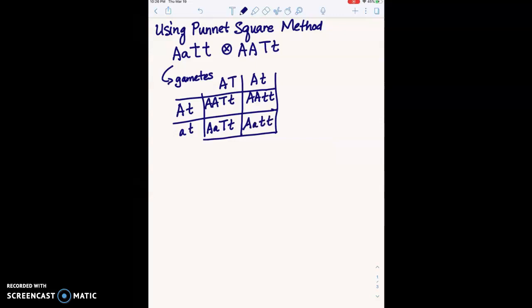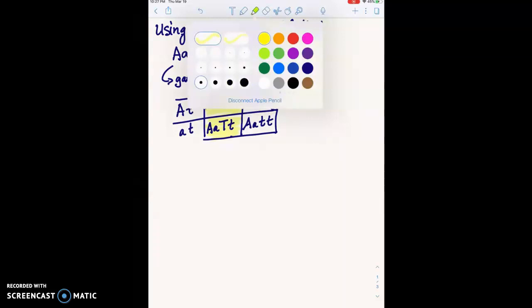Okay, so again, if you take a look, these two look the same, and these two look the same.